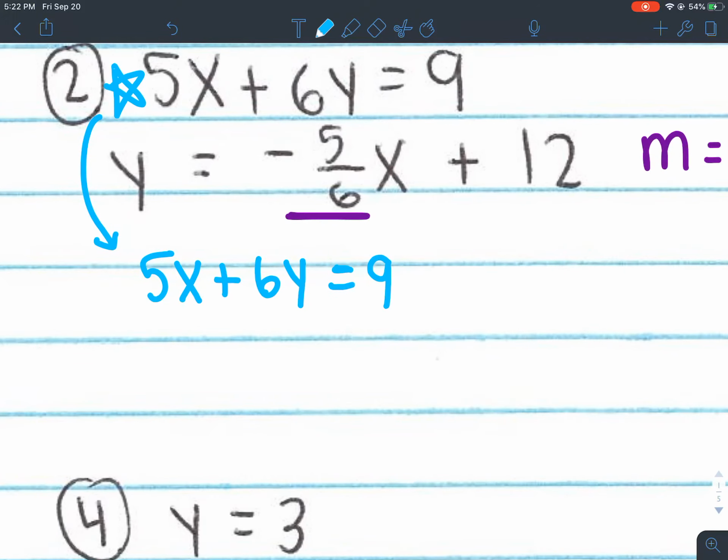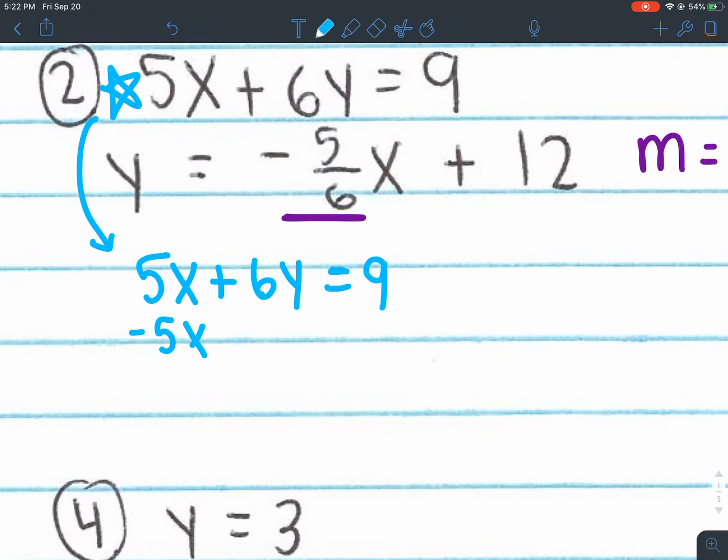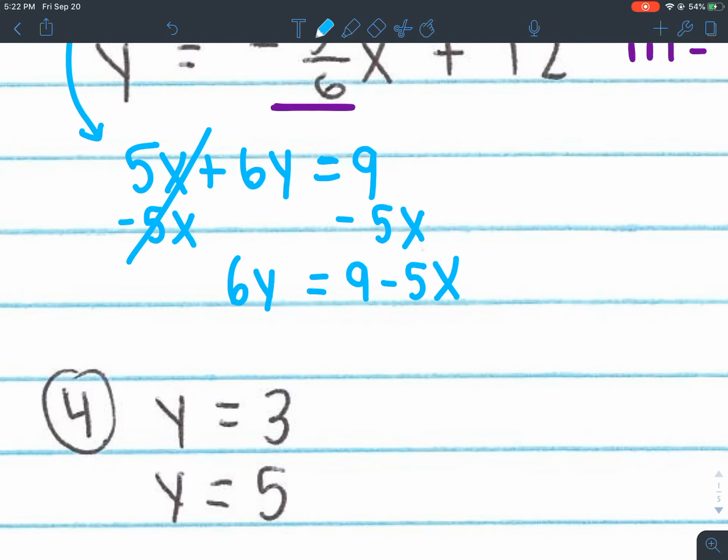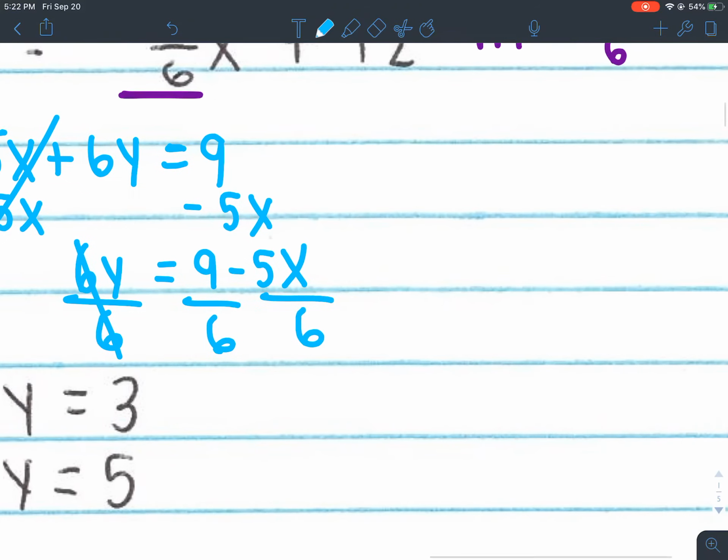All right, so our goal is to get it into y equals mx plus b form. So I'm going to subtract 5x on both sides because I want y by itself. 6y equals 9 minus 5x. And I want to divide everything by 6 as I'm trying to get that y by itself. So divide everything by 6. Well, 9 divided by 6 simplified is positive 3 over 2.